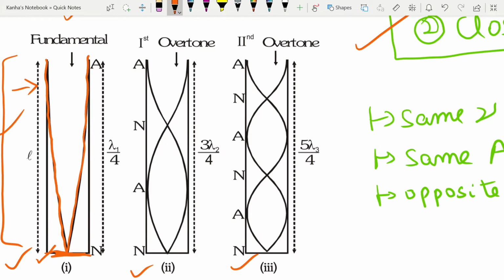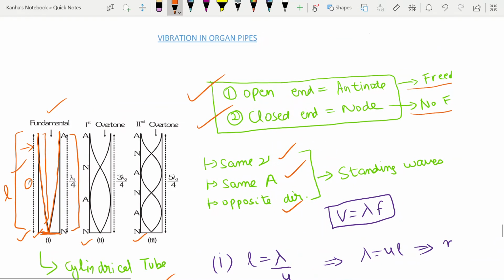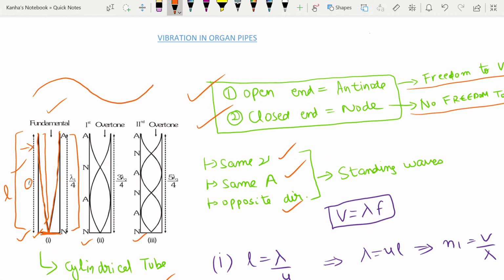In this case, this length L is equal to lambda by 4. Why? Because you can easily see that this is my entire wavelength, this is lambda by 2, and if this is my reflected one, I only have this much available. So this is my fundamental case.